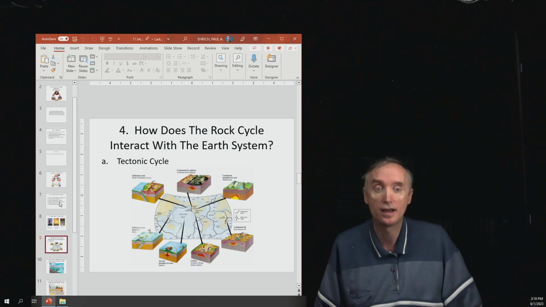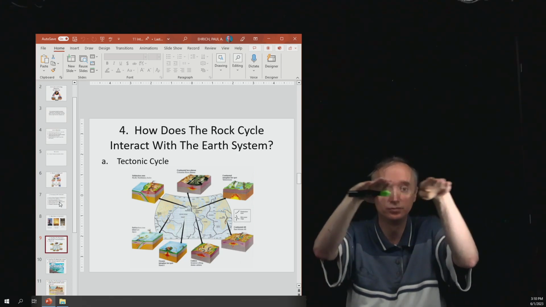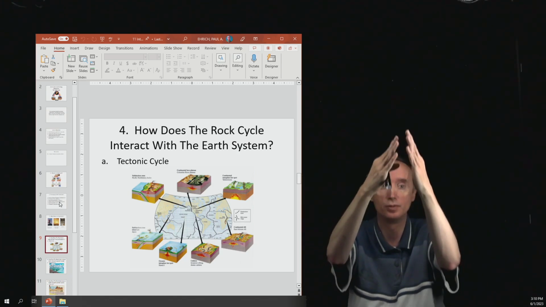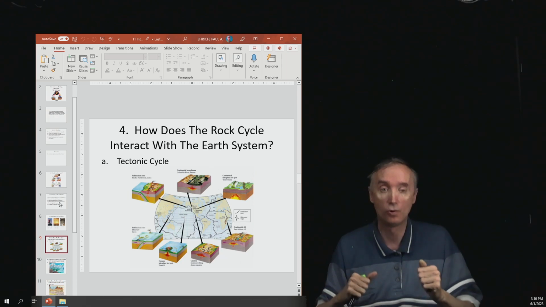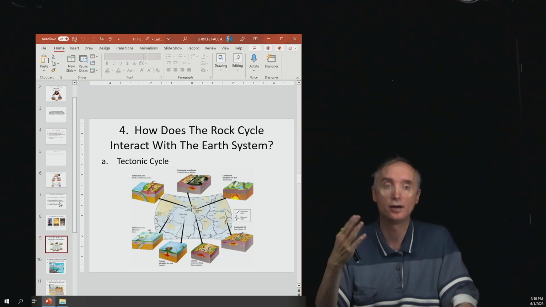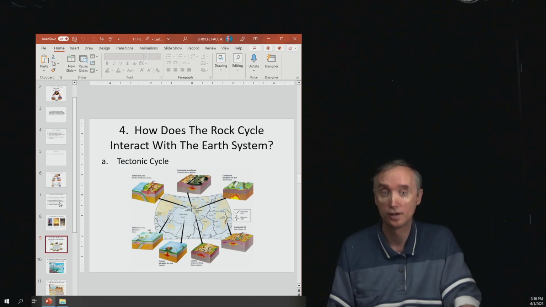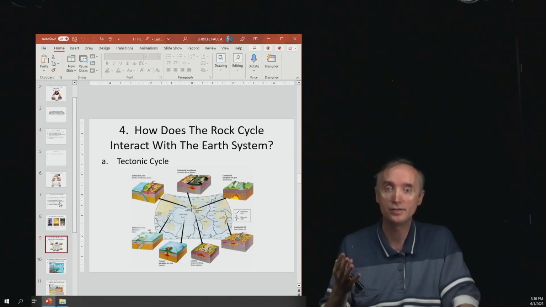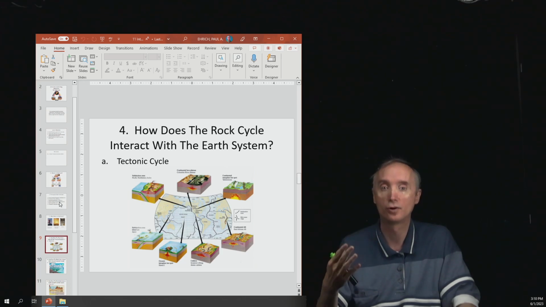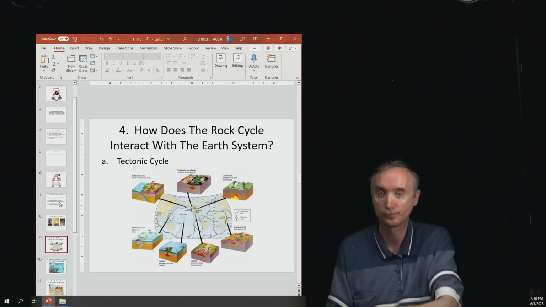We mentioned that at a divergent zone, that could make basalt, or it could also make hydrothermal metamorphism. So different places on Earth form different kinds of rocks, and it's related to the tectonic cycle.